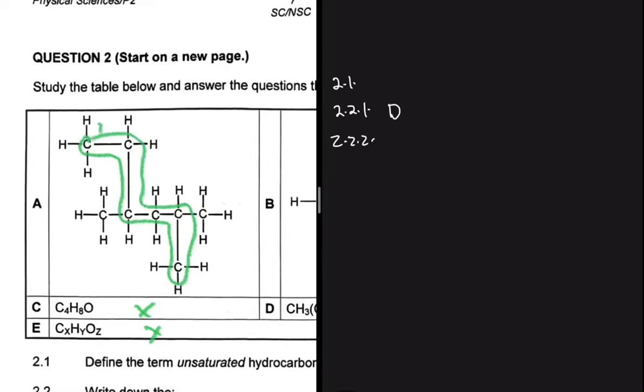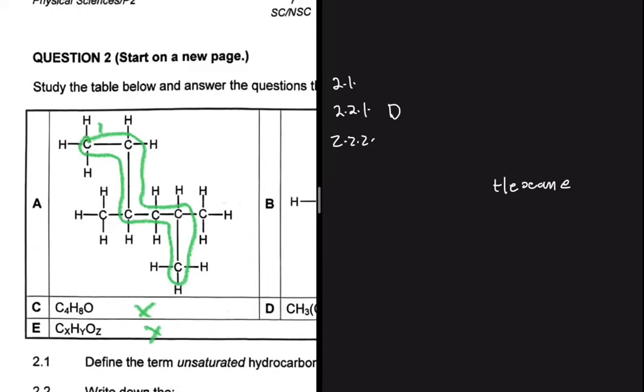So we're gonna have 1, 2, 3, 4, 5, 6. So we have 6 carbons if we follow that chain, right? And then it seems like it's our longest one. So if we have 6 carbons, we only have single bonds, and compound A is a hydrocarbon, then we can say that the name is hexane. The name is hexane.